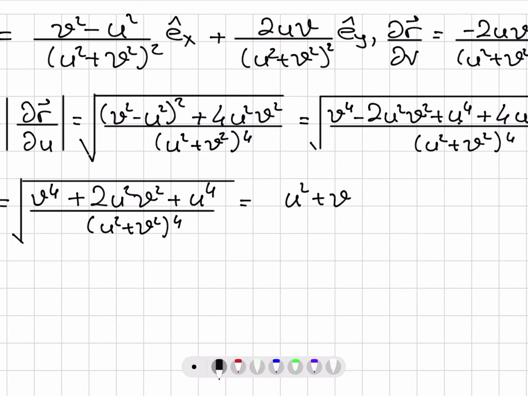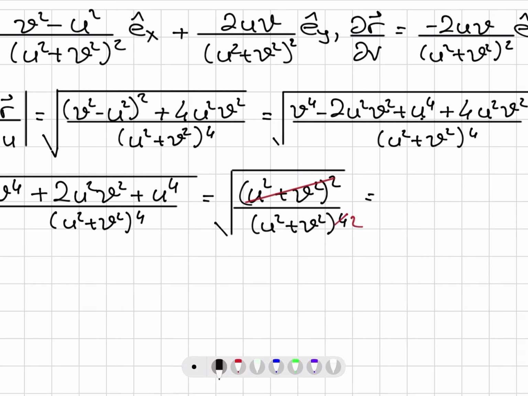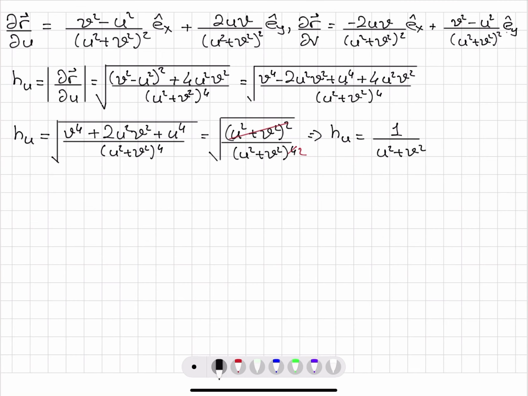So you can see that this one will cancel and make this 2, and the square root of that is 1 over u square plus v square. So I can see that the scale factor h sub u is equal to 1 over u square plus v square. So that's what I find.